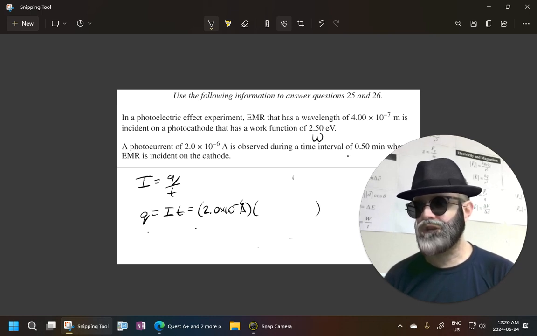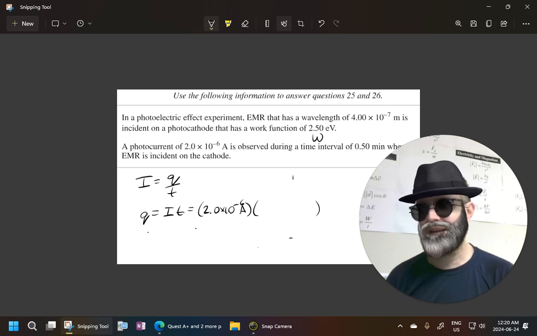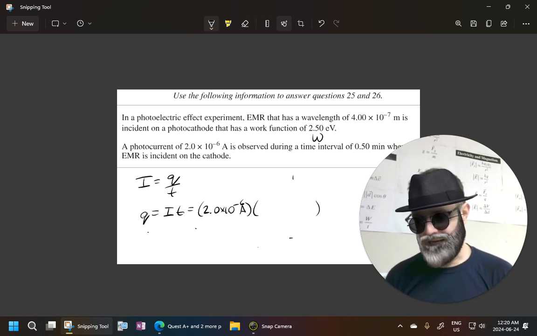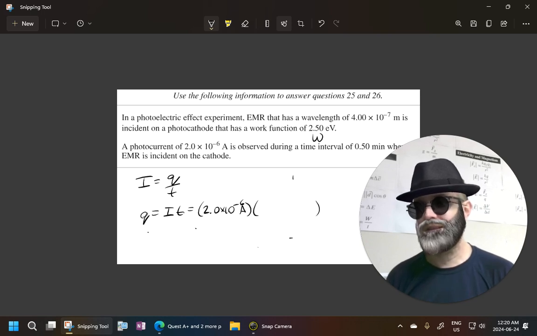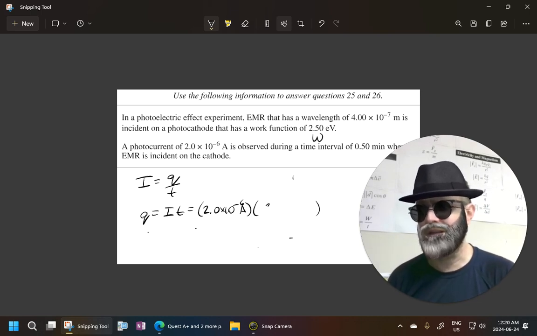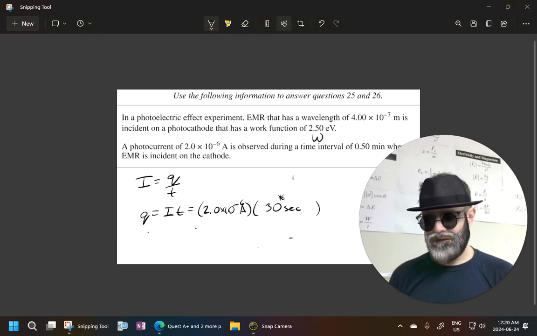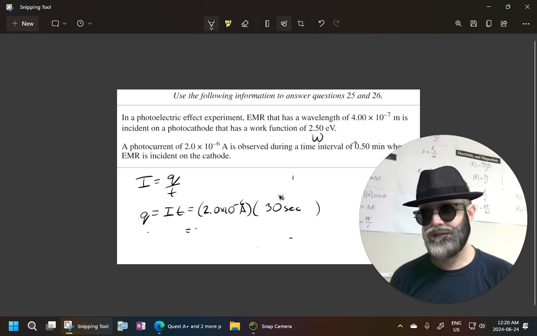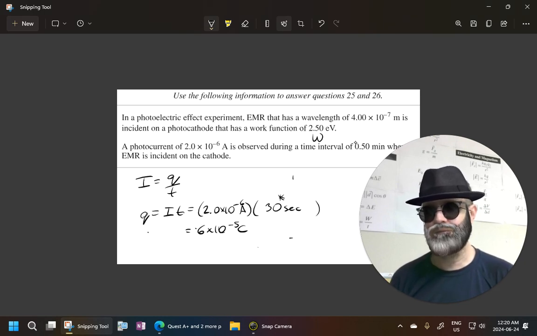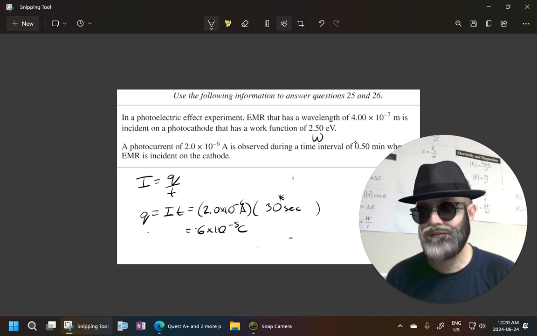But I have to change the time, because this is coulombs per second, so it has to be in seconds. So 0.5 times 60, and I get 30 seconds, which makes sense, since half a minute is 30 seconds. So you have to change that, or you could get a different number. I'm going to multiply it by my current, and I get 6 times 10 to the negative 5 coulombs. How many electrons is that? I don't know. Let's see.